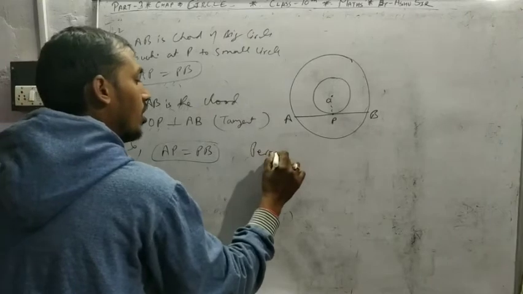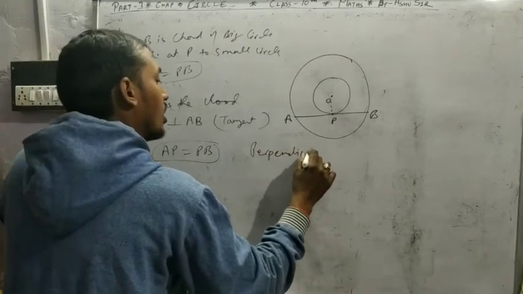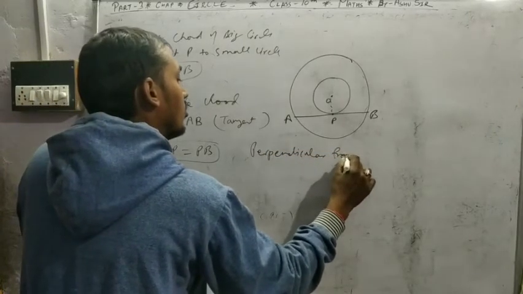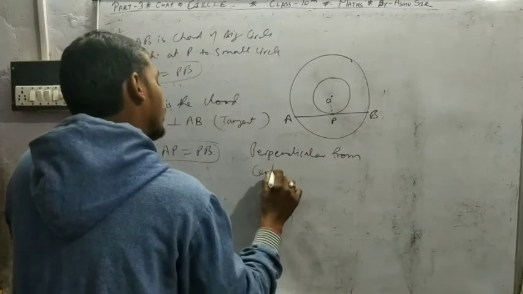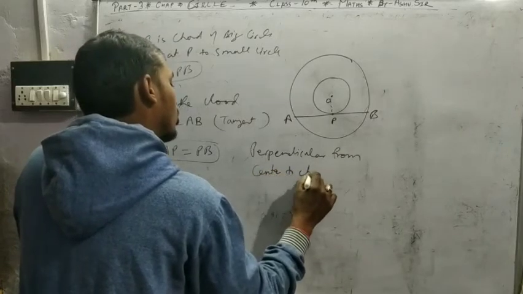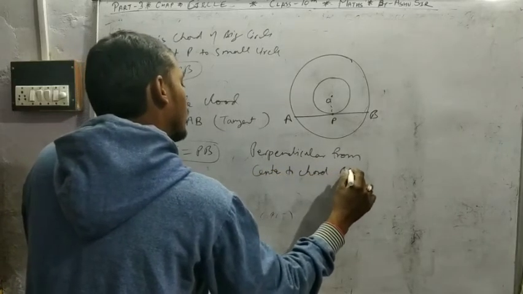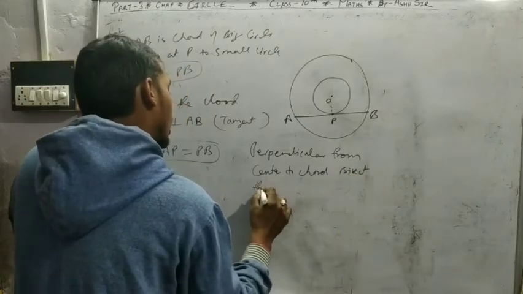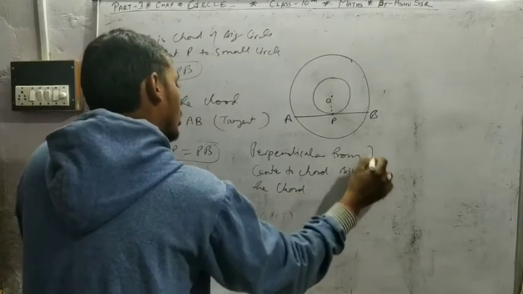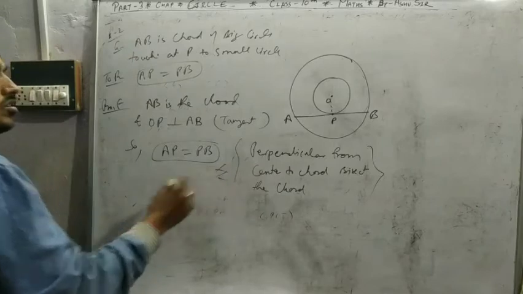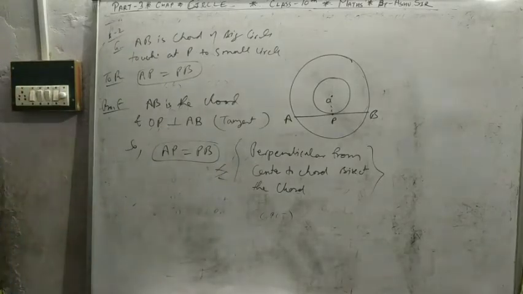What theorem? A perpendicular from the center to a chord bisects the chord. Solve it. Okay? Pause and note it down.